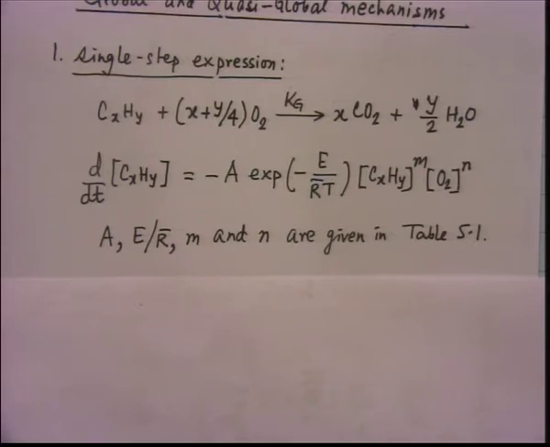Typically, m plus n will be between 1.5 and 2. But these numbers can be like 1.65, 0.3, 0.1, whatever. These numbers have come because of data fitting. They are not really reaction orders in that sense.